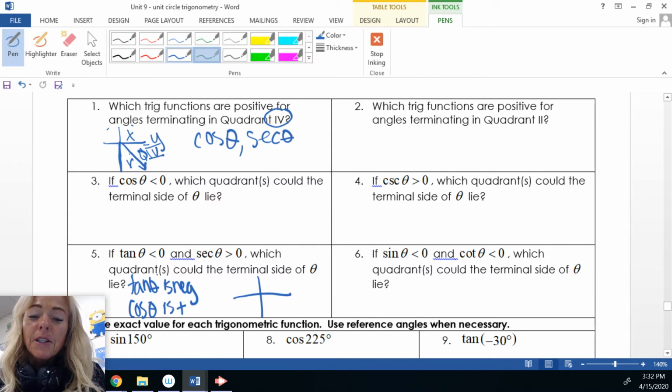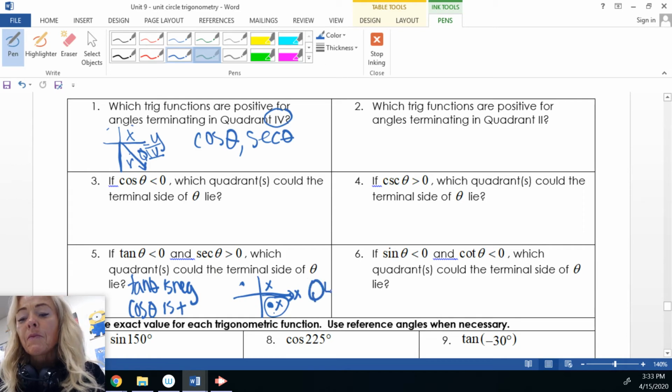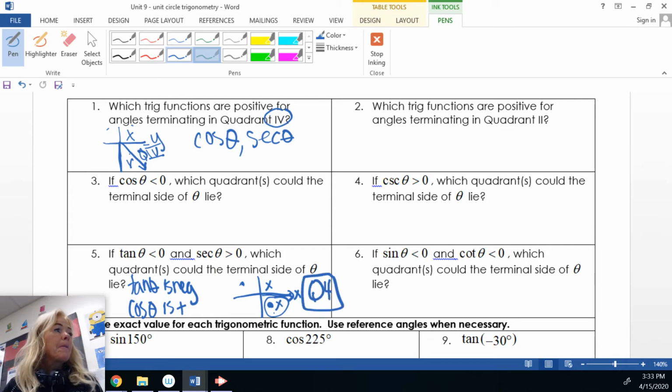So, let's see, tangent is negative here and here, because you have to have one or the other, x or y negative, for tangent to be negative. Cosine is positive here and here, because x has to be positive. So the only quadrant that fits both conditions is quadrant 4.